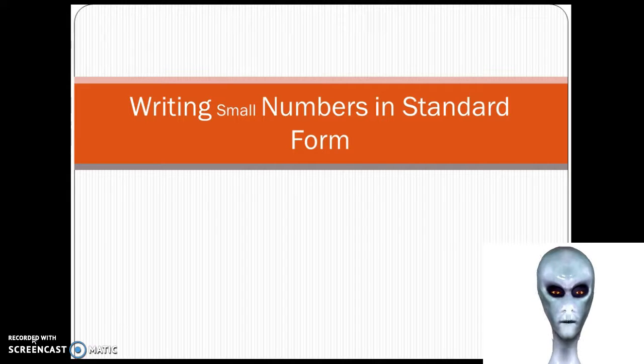Okay, welcome back, boys and girls, to your last PowerPoint presentation on converting small numbers in standard form in our scientific notation unit. So I want you to look at this purple square. Well, actually violet. In order for you to see violet, it's giving off a certain wavelength.